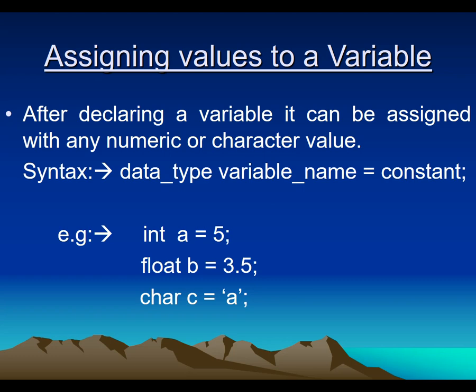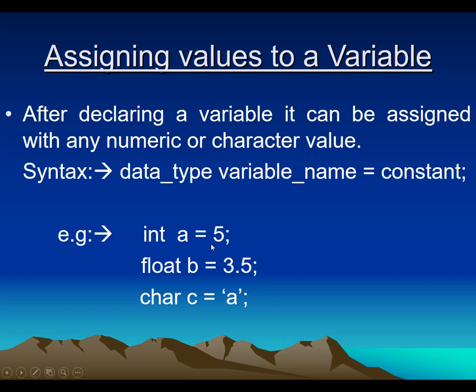For assigning a value to the variable, a simple statement that we can write is integer A equals to 5, where equals to is the assignment operator. The operator is itself a big concept which we will discuss later on, but we have written this program in C too, showing how to assign a variable a fixed value.